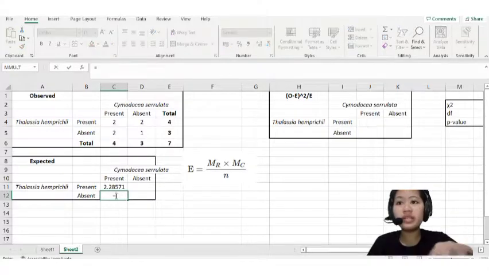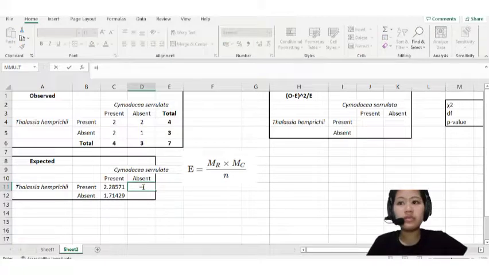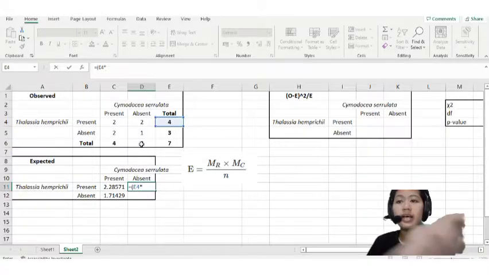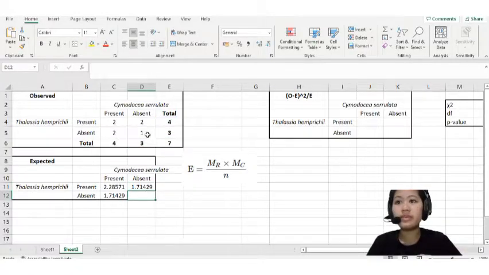The same pattern goes for the others: highlight this and multiply by its column marginal, divided by the total sum, 1.7. Its row marginal times its column marginal divided by the total sum.